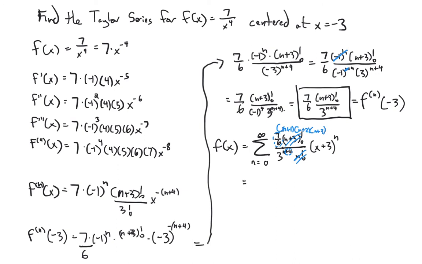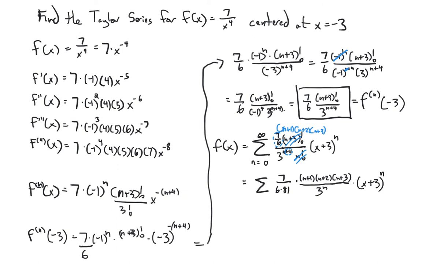So this is going to be the sum with the same indices, 7 over 6 times 3 to the 4, which is 81, times, and what do I have left over? n plus 1, n plus 2, n plus 3, and then divided by 3 to the n, which is left over, and then times x plus 3 to the n.